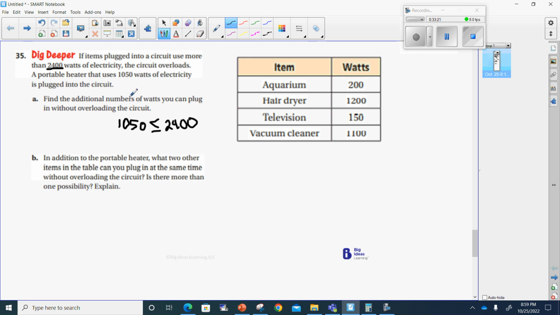Find the additional number of watts you can plug into it. So some number n plus 1,050 has to be less than or equal to 2,400. I'm going to subtract 1,050 from this side to get n by itself, which means I have to subtract 1,050 from this side.